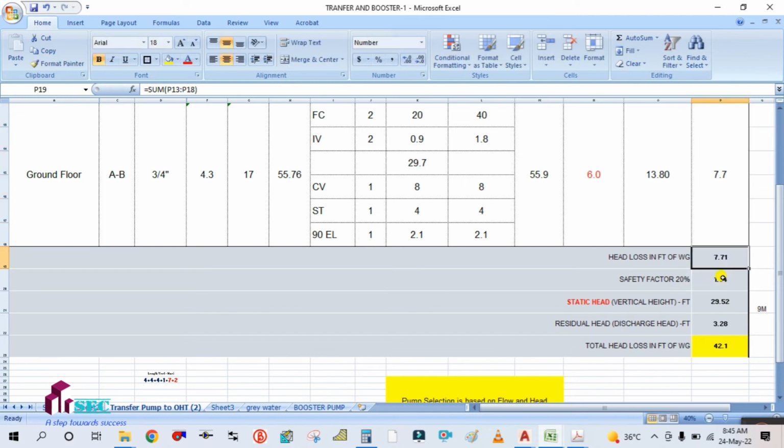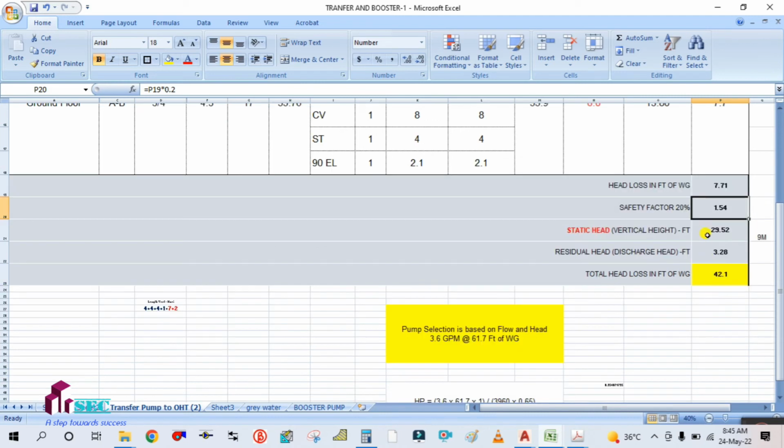Safety factor is 20%, we are just assuming. Static head is nothing but the vertical head, the head which exerts pressure in the vertical pipe.